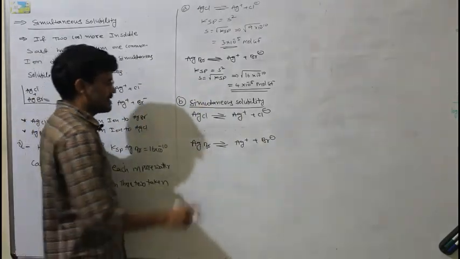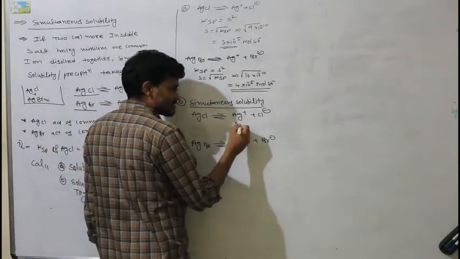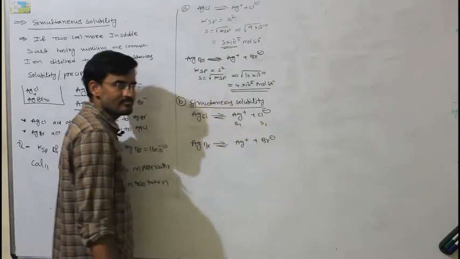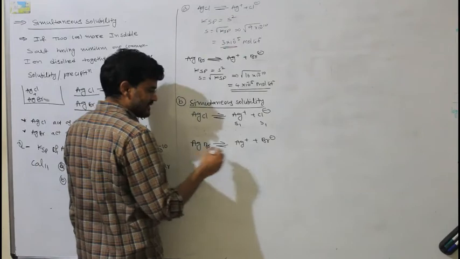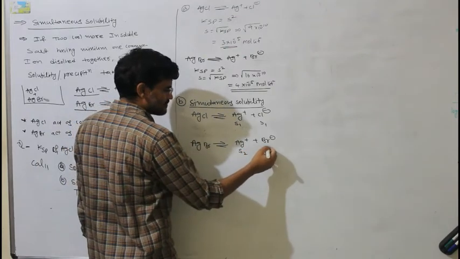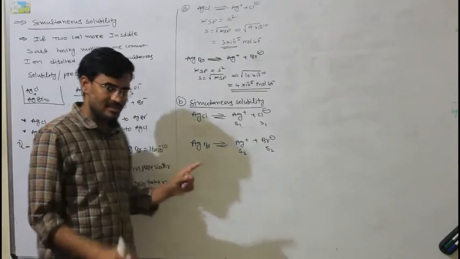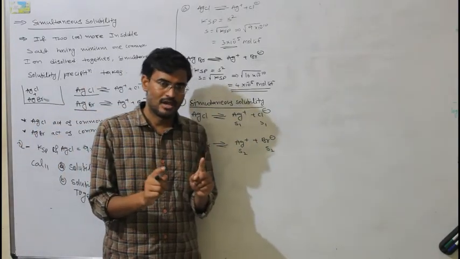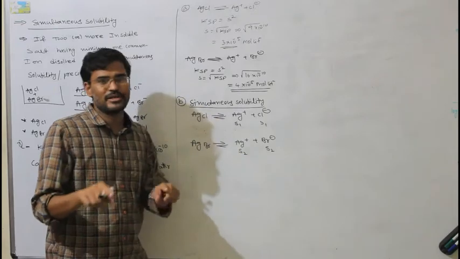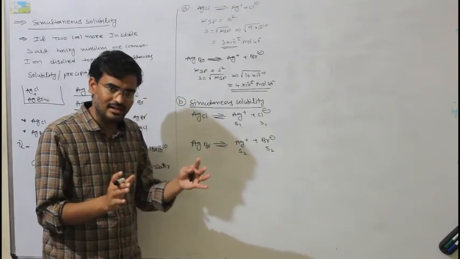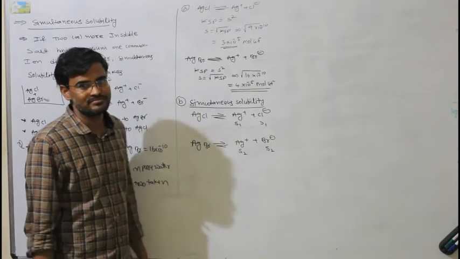So the solubility of silver chloride I will take as S1, so Cl minus is also S1. For silver bromide I will take solubility S2, so Br minus is also S2. Now both salts are present in one container and both are present at equilibrium.